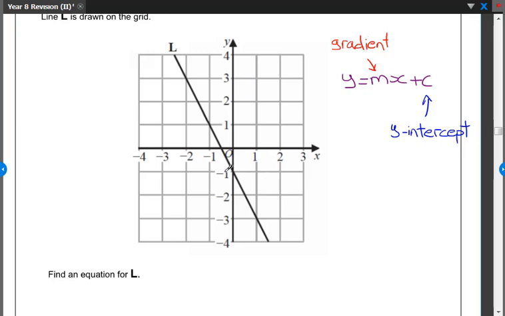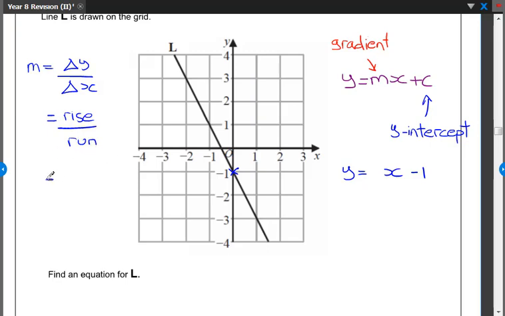Okay, so where does this hit the y-axis? Well, it's easy. It hits at -1. So we already have y equals something x minus 1, because c is -1. Now we have to get the gradient. So m, there's a few ways. m equals delta y, the change in y over the change in x, or it's rise over run, whatever you want to call it.